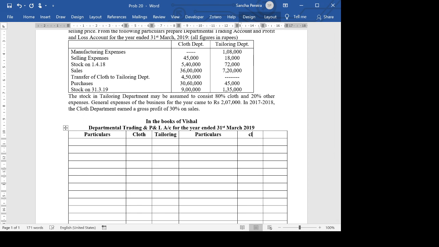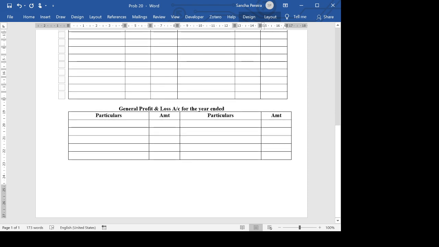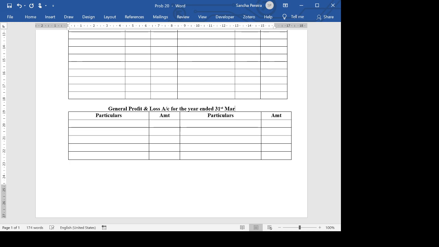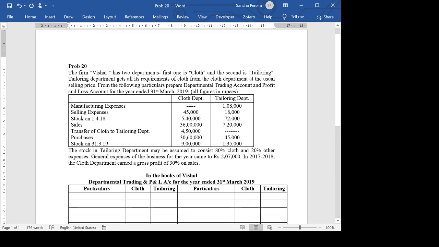We also need the general profit and loss account for the year ended 31st March 2019. There's no need of a balance sheet because we don't have anything that goes in the balance sheet. So we start with the opening stock.